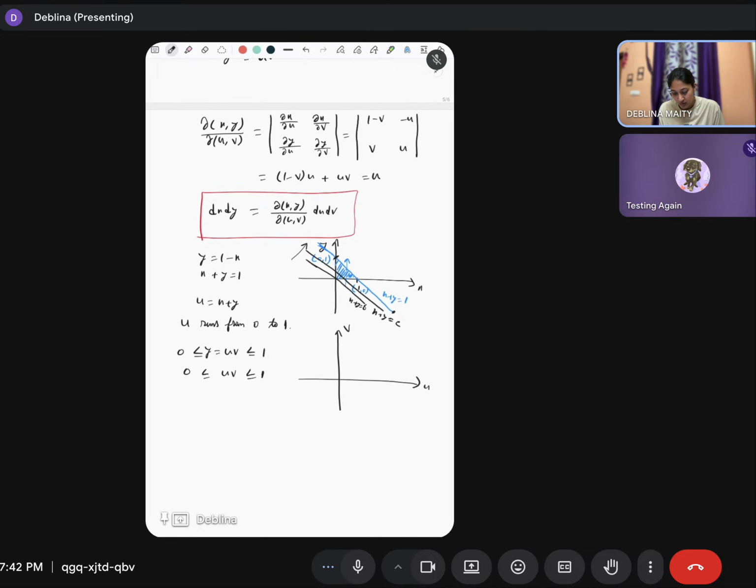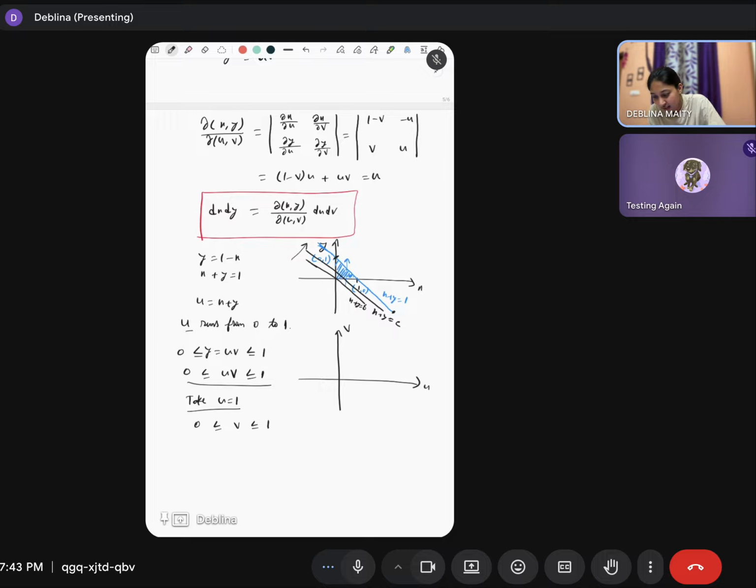Okay. And this is true for v as well, so this is true for any u and v. If we take u to be 1, because u runs from 0 to 1, then the range is 0 to 1, so v also runs from 0 to 1.